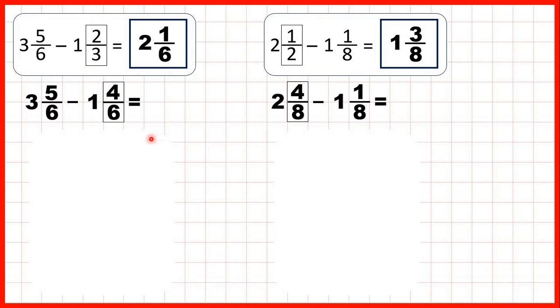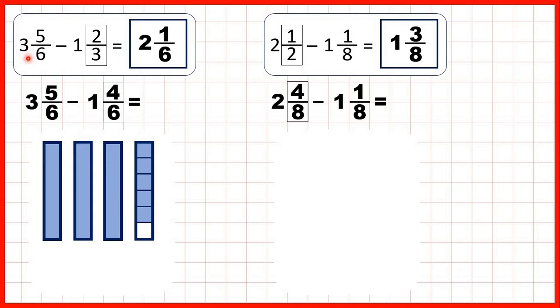So let's look at what we did here. We started with 3 and 5/6. We needed to subtract 1 and 2/3, but we found that 2/3 is the same as 4/6. So if I colour in 4 of those 6ths in yellow, you can see that's the same as 2/3.